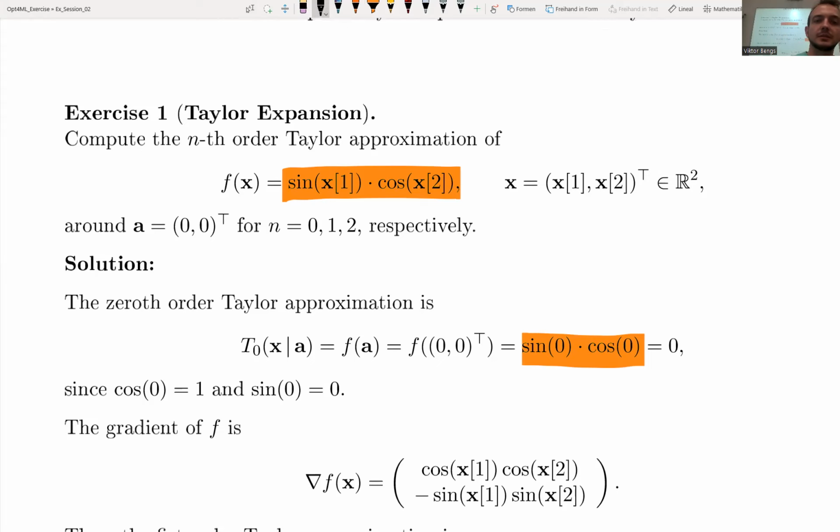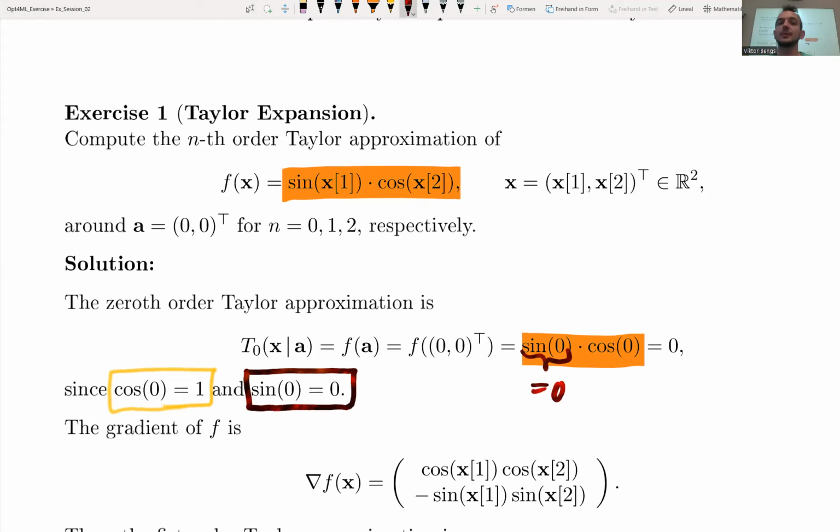But as we will use this a couple of times, cosine evaluated at 0 is 1, and sine evaluated at 0 is 0. So this thing here is 0. We multiplied something with a 0, it's still a 0. So the constant we use to approximate our function at this point is simply the zero constant.